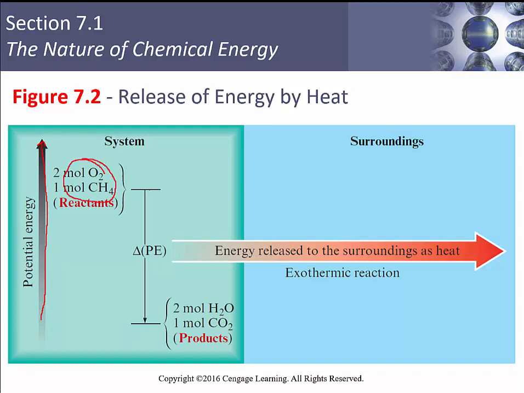Those are reactants which have a particular potential energy. We then have products that are formed, 2 moles of water and 1 mole of CO2. And so our change in energy is going from a higher state with our reactants to a lower energy state for our products. This change in energy is going from higher to lower, so energy is released to the surroundings as heat. This is an exothermic reaction.